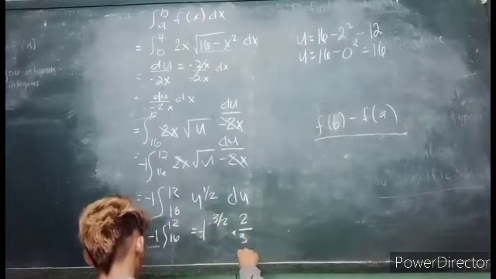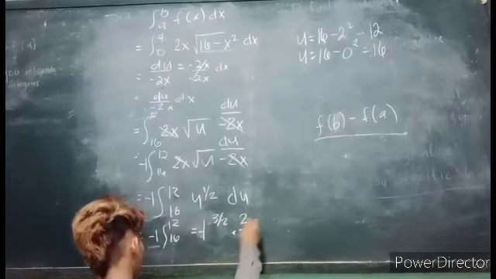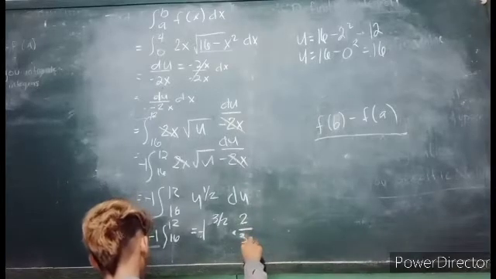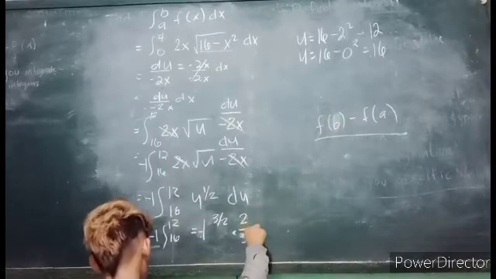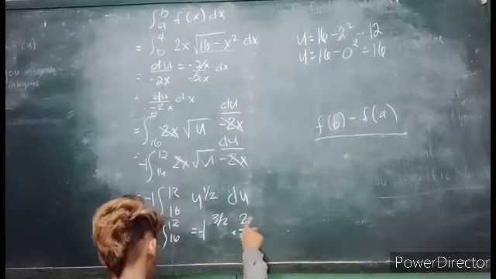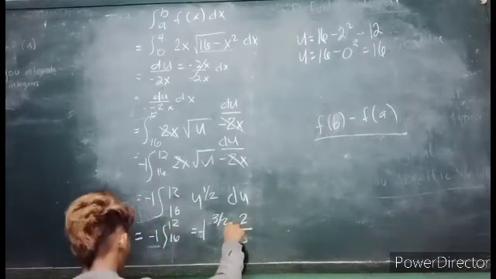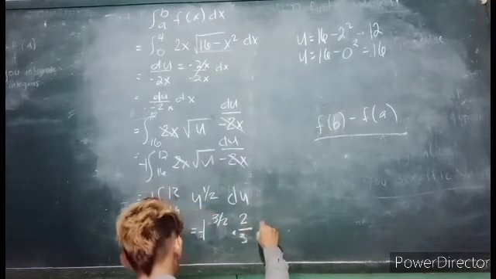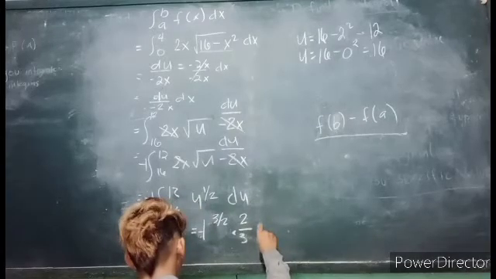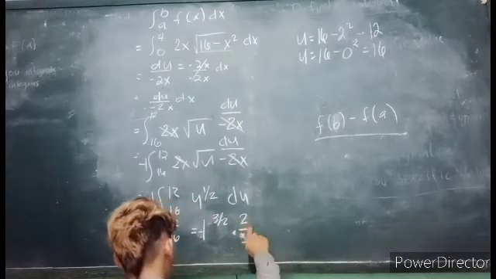So, instead of dividing by 3 halves, we're going to multiply by its reciprocal.